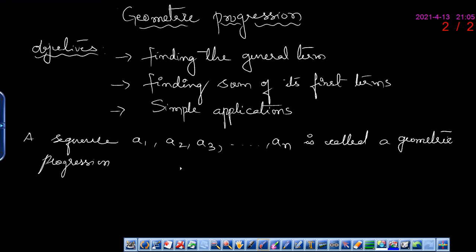It is denoted by GP. GP means geometric progression.